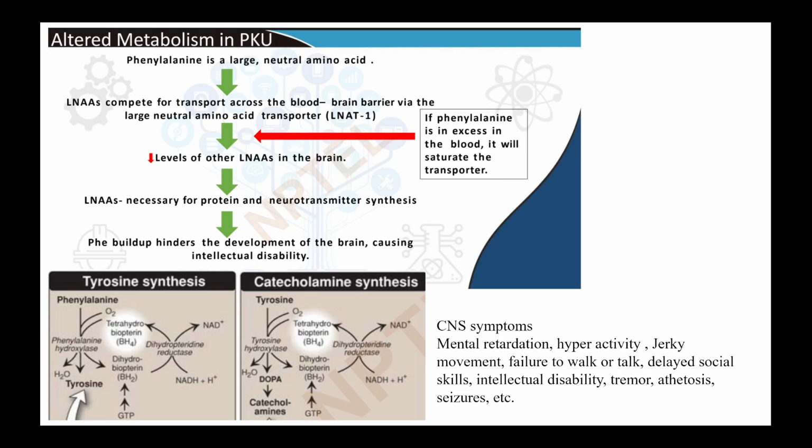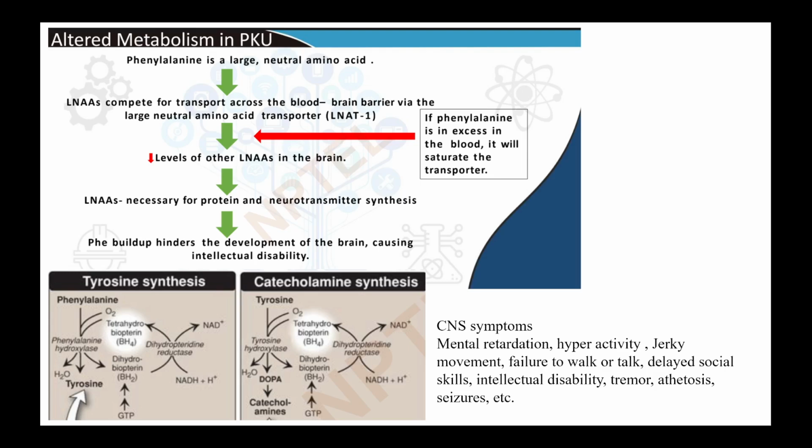And phenylalanine, as I've already mentioned, is involved in tyrosine synthesis, and lack of tyrosine can lead to hampered synthesis of the catecholamines. Dopamine is a very important neurotransmitter that is produced from tyrosine, and if tyrosine is depleted, dopamine will be depleted, and that can also lead to mental retardation. So these are the main reasons.